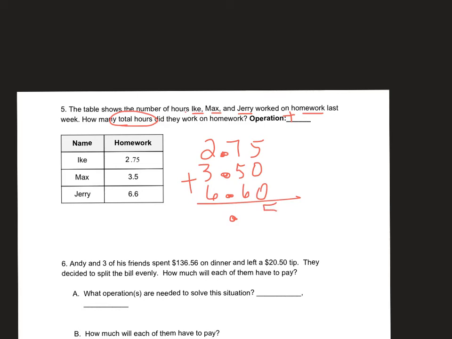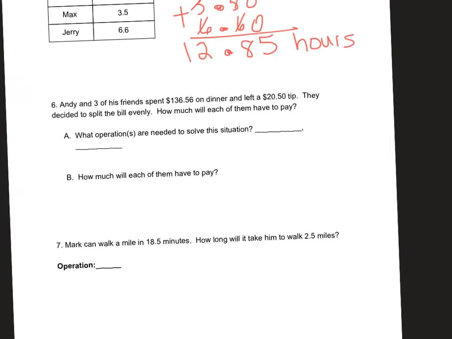So 5 plus 0 and 0 is 5, right? 5 plus 6 is 11, plus 7 is 18. All right, so I have 5 and 6, and another 6 is 12. So how many total hours did they spend? 12.85 hours.